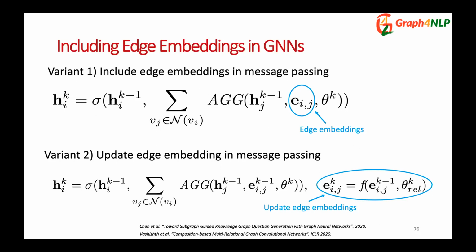Additionally, here we also update the edge embeddings at each hop of the GNN. This is slightly different from variant 1. But in both variants, we introduce the edge embeddings into the message passing process.